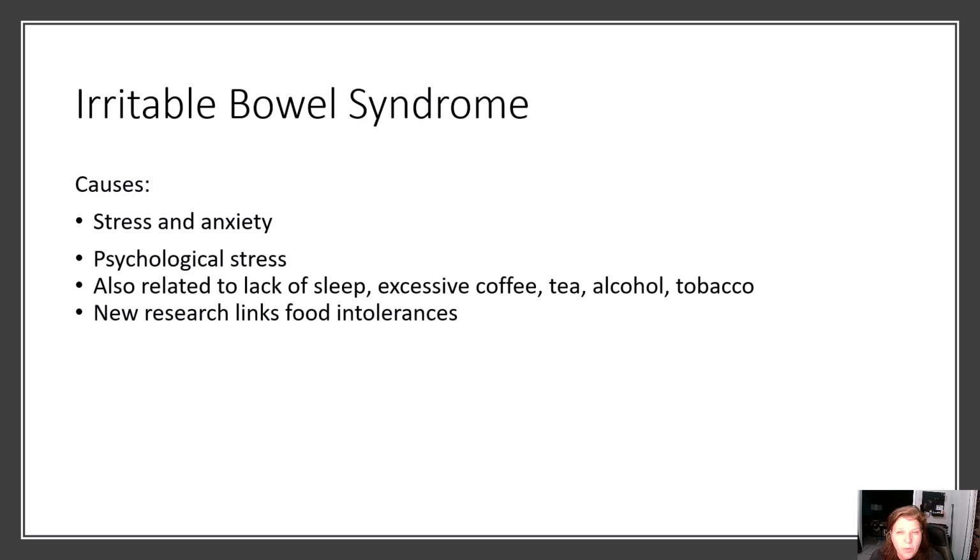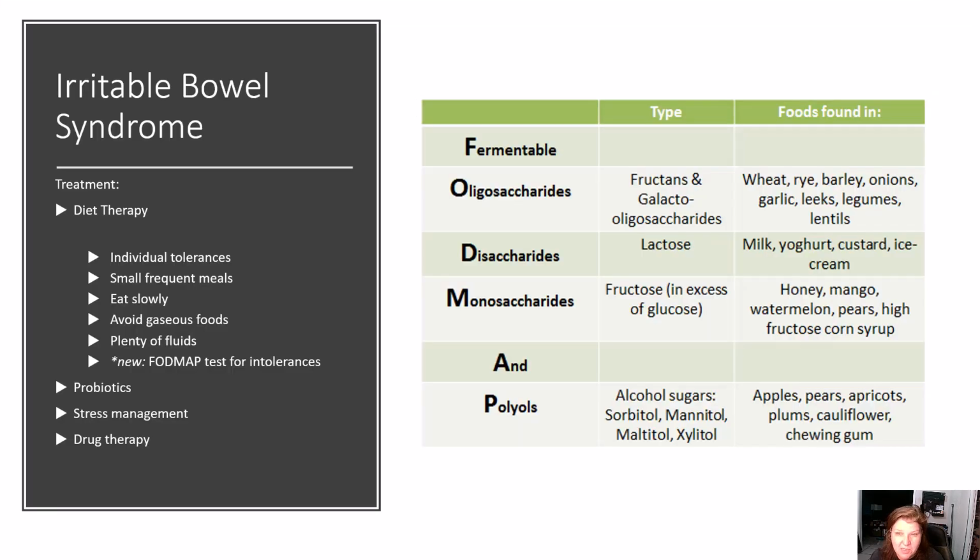So this is where the FODMAP diet comes in. The intolerances that we believe to be related to irritable bowel syndrome include a whole bunch of sugars. And FODMAP is an acronym that stands for fermentable oligosaccharides, disaccharides, monosaccharides, and polyols.